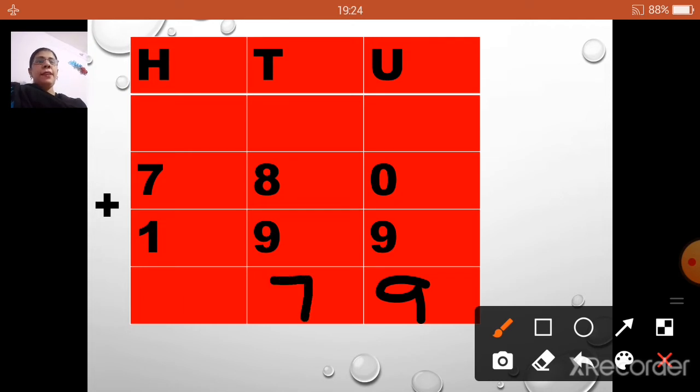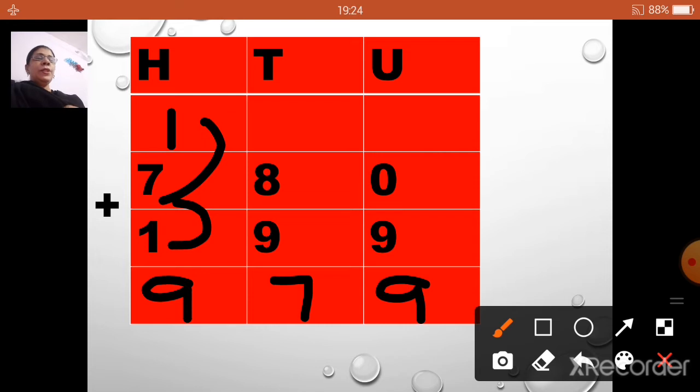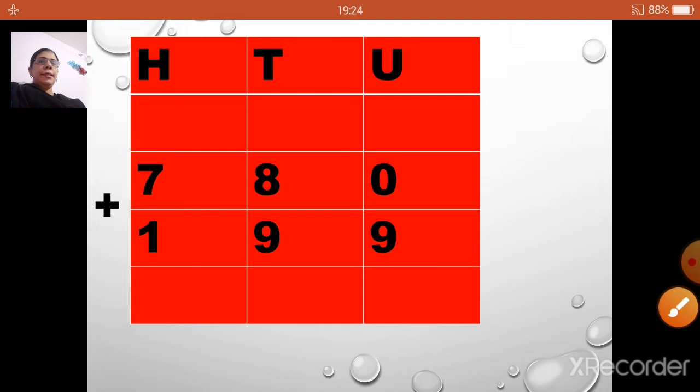I will write 7 here and carry over 1. Now 7 plus 1 will be 8. 8 plus 1 is 9. So what is my answer? When I add 780 plus 199, I get my answer 979.